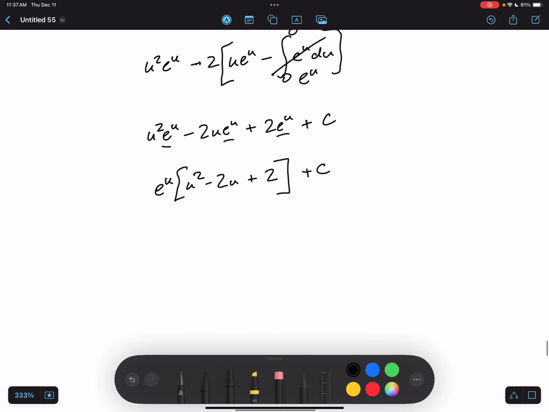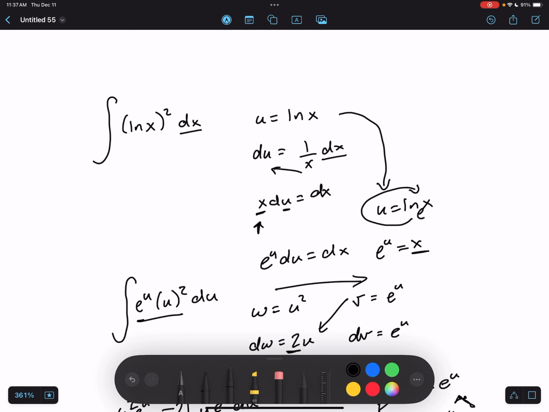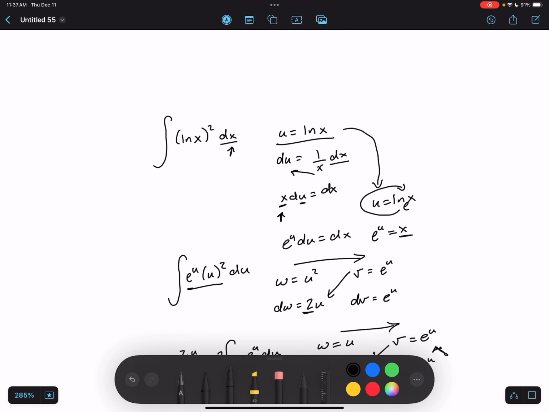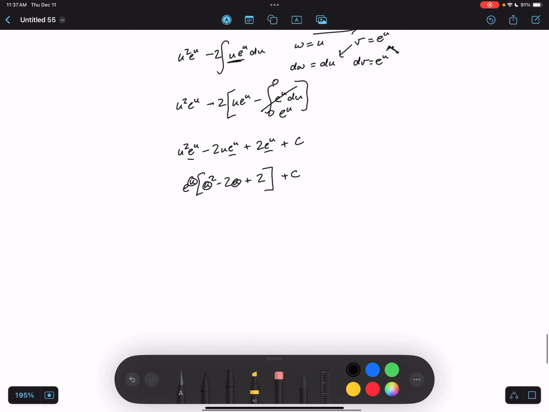The last thing that we have to do to finish this problem, as we've noticed that we're still working with a problem in terms of u, is we have to come all the way back up here and put it in terms of x by plugging in our original u again. So originally we did a u sub where we substituted for ln of x.